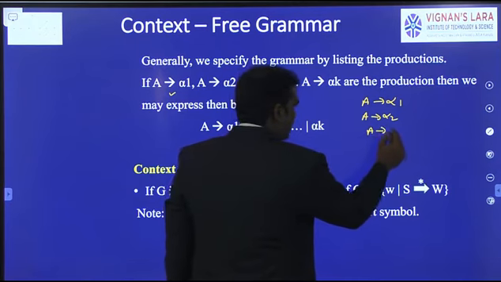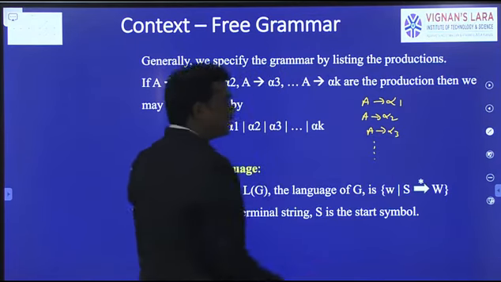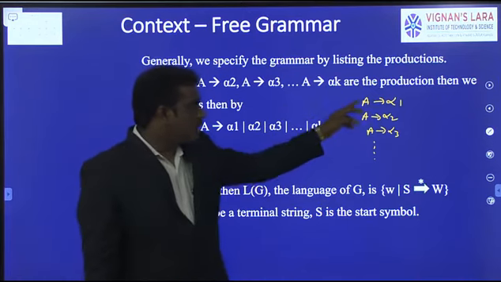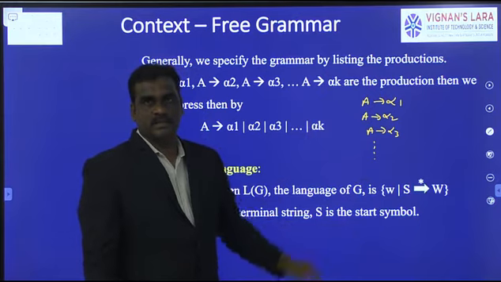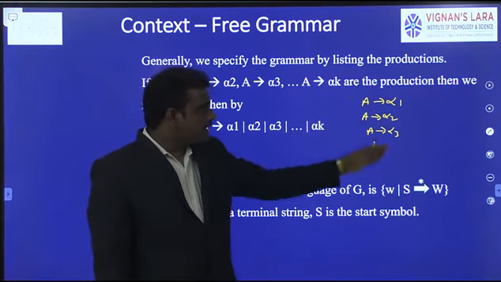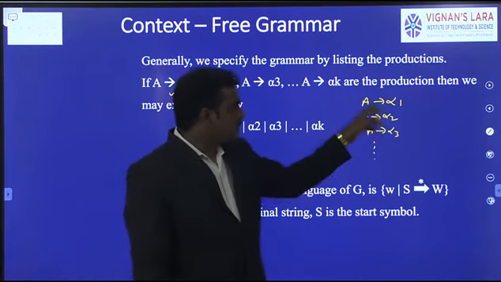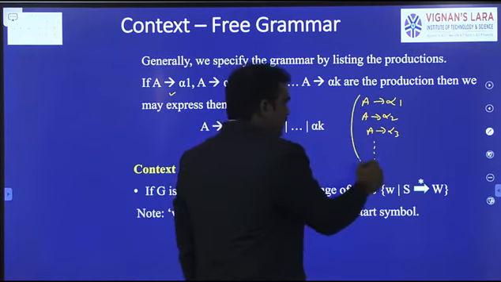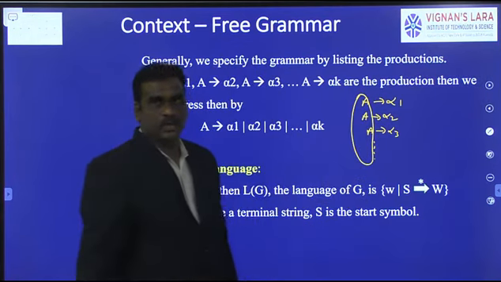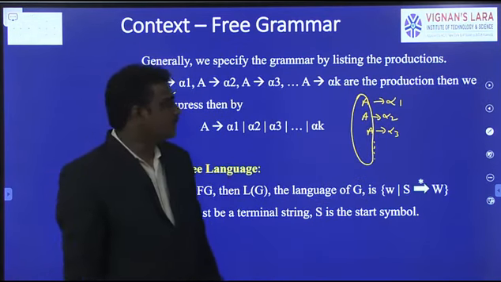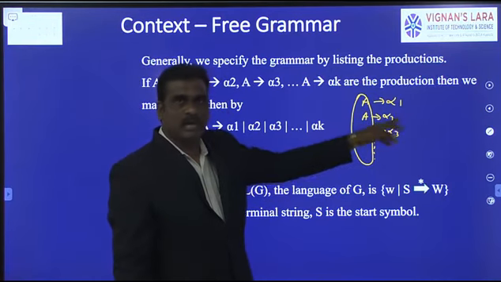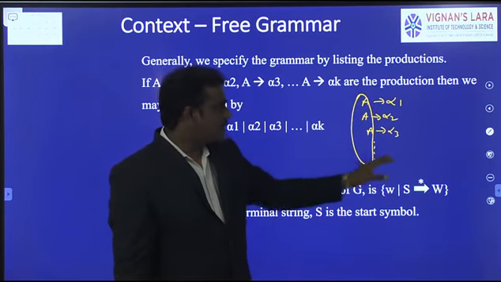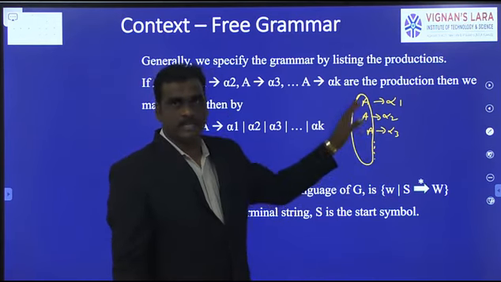Like that, many productions are there up to alpha k, so 1, 2, 3 up to k productions. If you observe these productions, the left hand side symbol is the same, that is A only. Only the right side part differs. So in all these k productions, the left hand side part is the same.